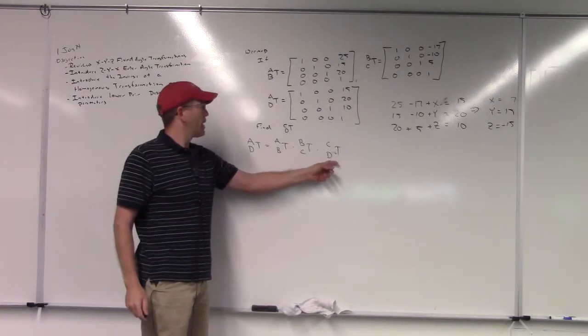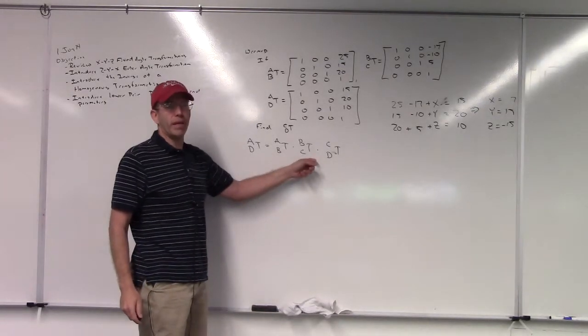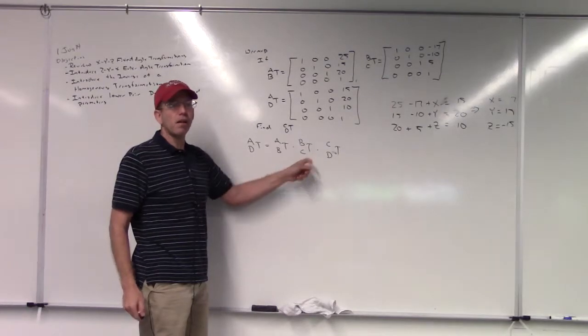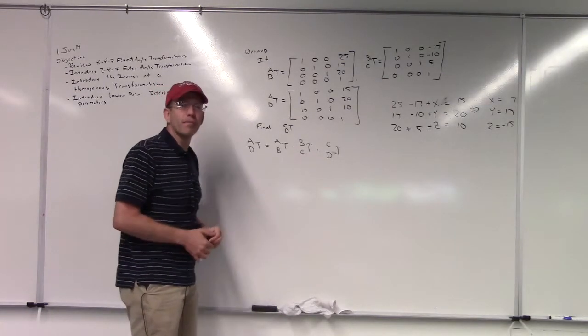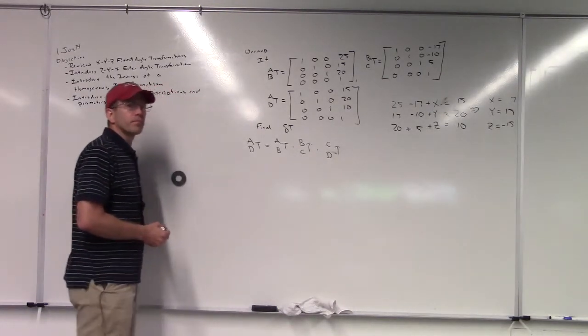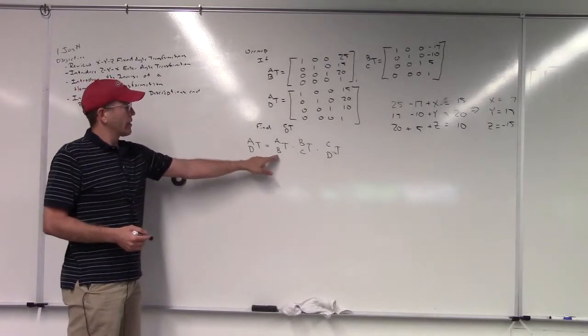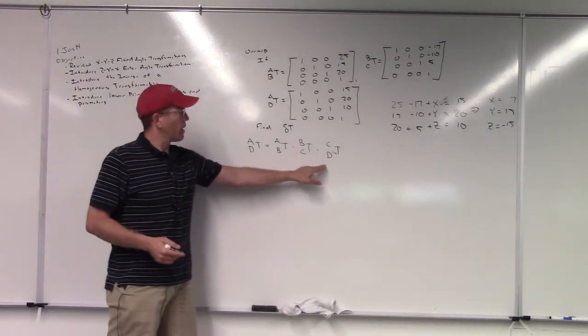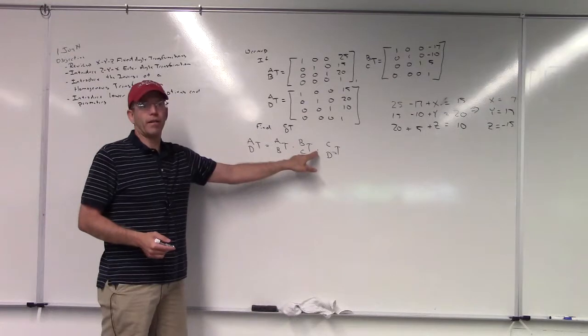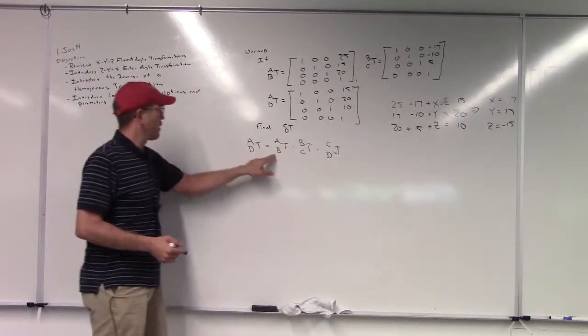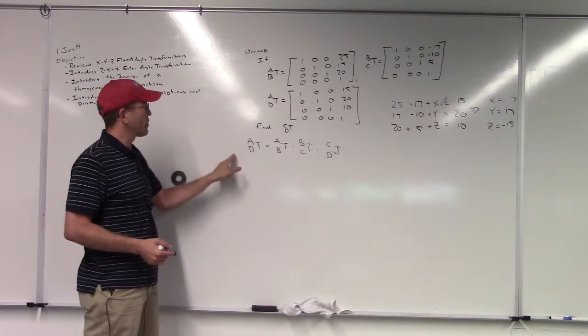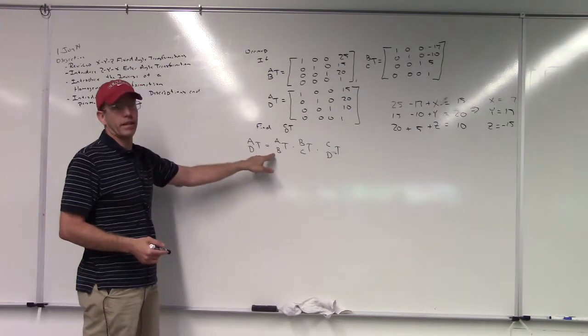So how can I peel off these two matrices here? Well, we can get rid of this first one. Ultimately, what we want to do is get this guy isolated, right? So we can peel off this first one by hitting both sides of the equal sign with its inverse.